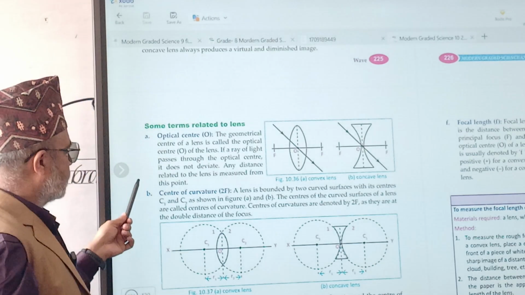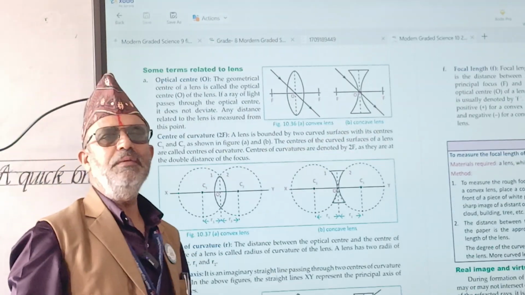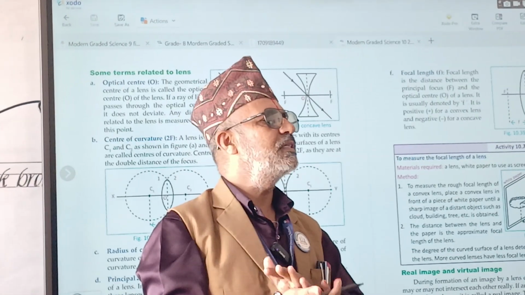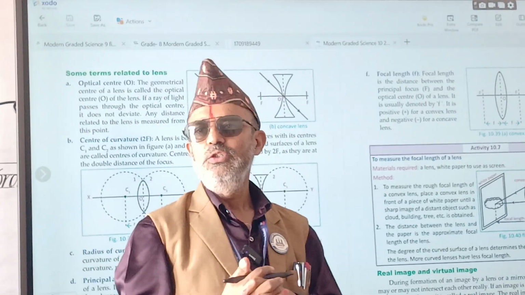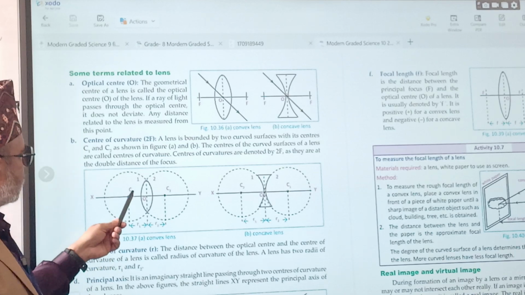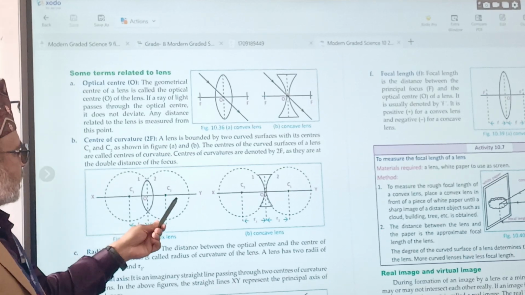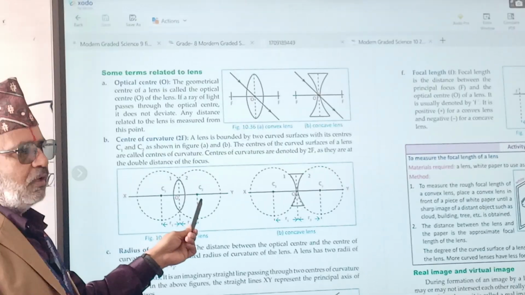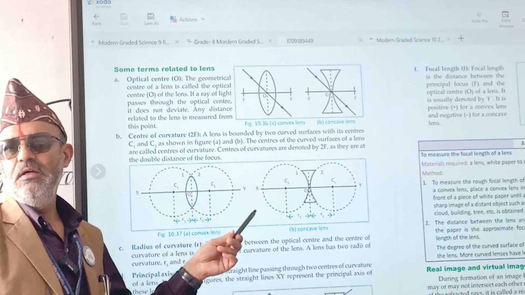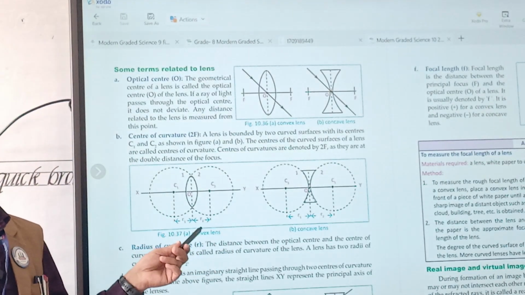What is the second one? Center of curvature. Actually, it is believed that lenses are made from two imaginary spheres. So, the first imaginary sphere's center is called C1. The second imaginary sphere's center is called C2. So, these centers are called centers of curvature.